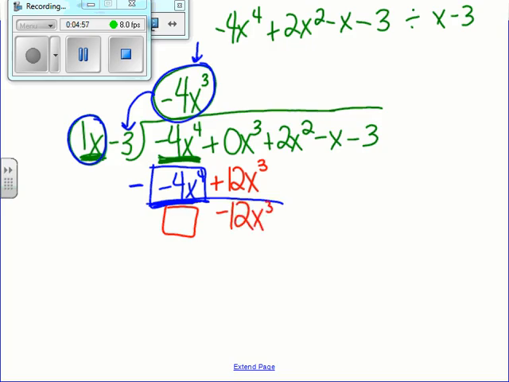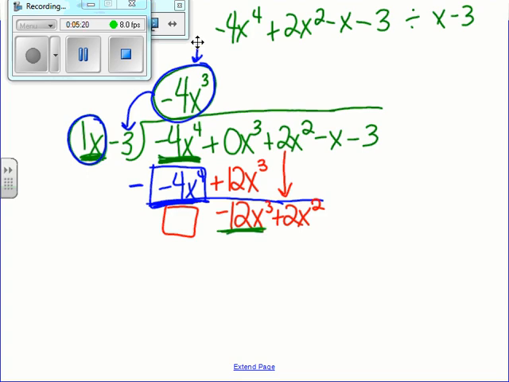What do I always do in long division once I'm done my subtraction? I'm going to bring down the next term. So now I'm going to have positive 2x squared living right next to this guy. Now I'm going to repeat the process again, but with this first term.